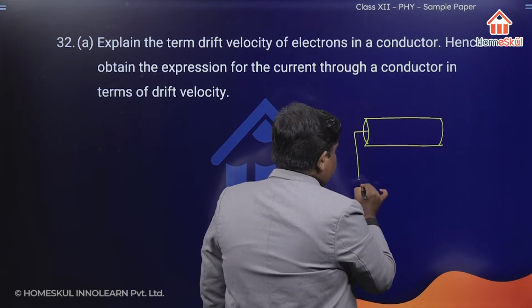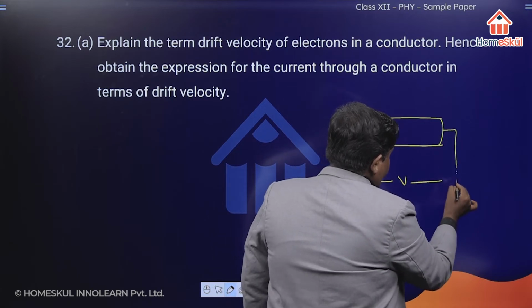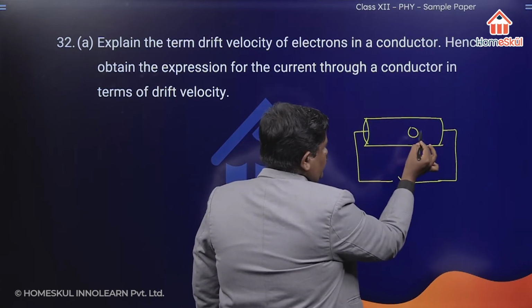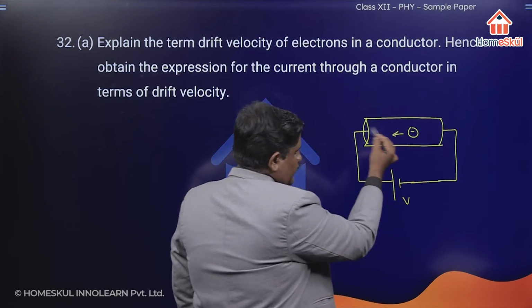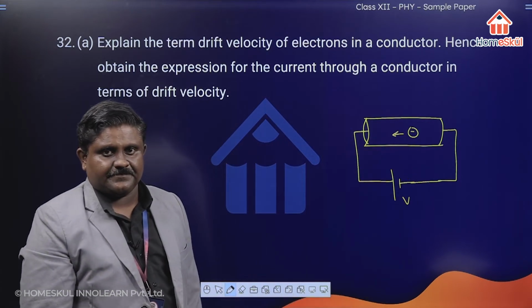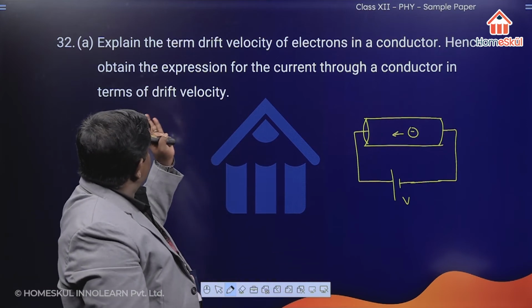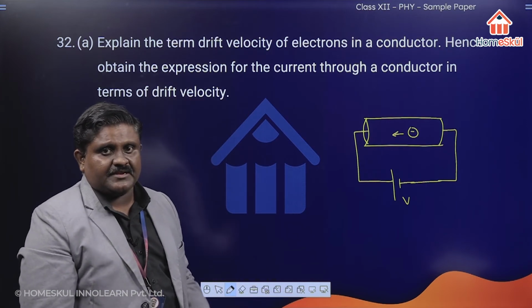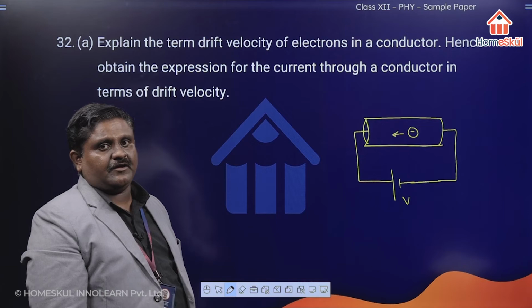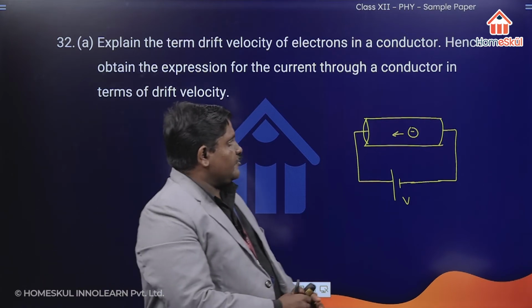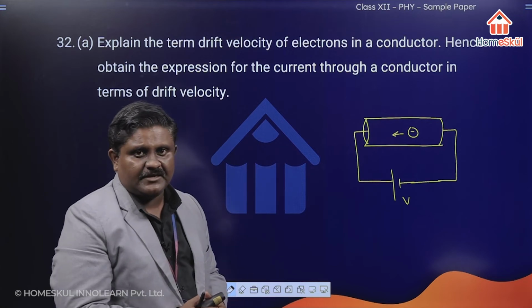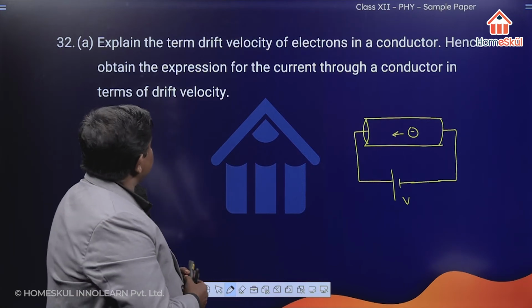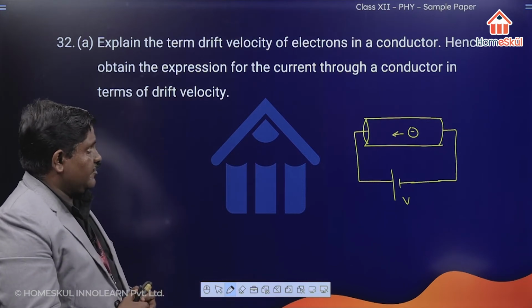If we apply a potential drop V, what happens? All the electrons will be drifted towards the positive end of the conductor. So we have to define the drift velocity. Drift velocity is the average velocity with which all the electrons in the conductor are drifted towards the positive end of the conductor. So that is the definition for drift velocity.